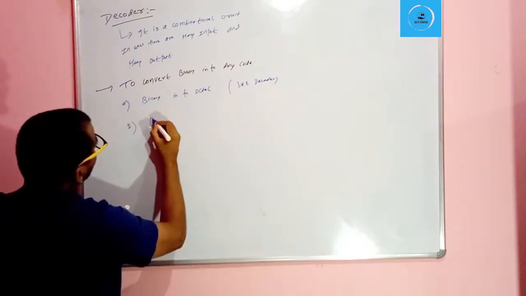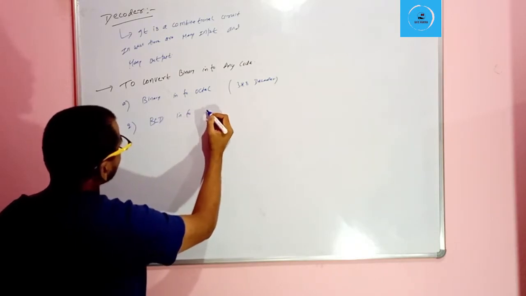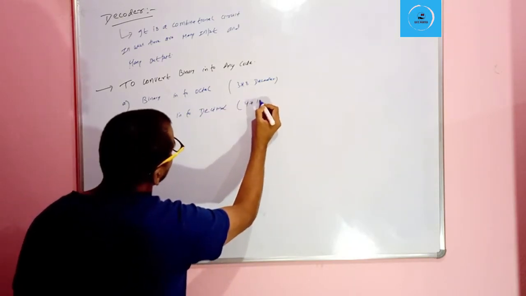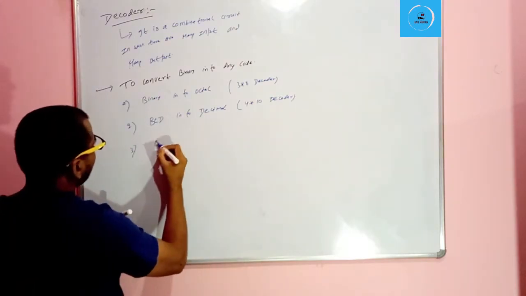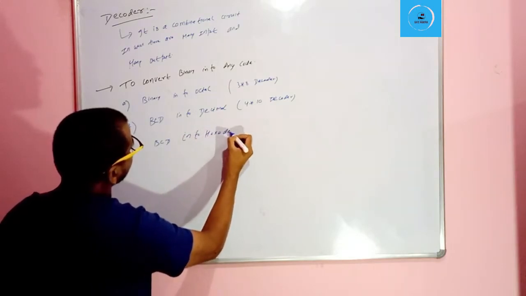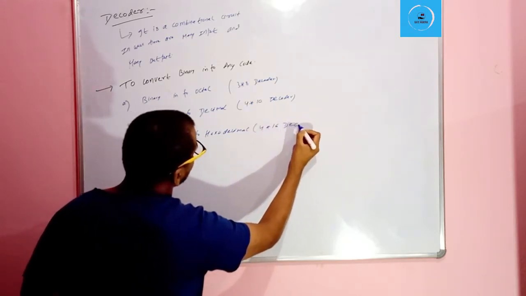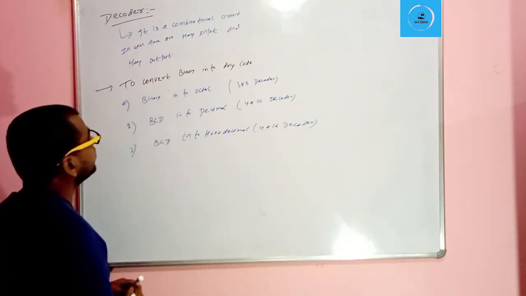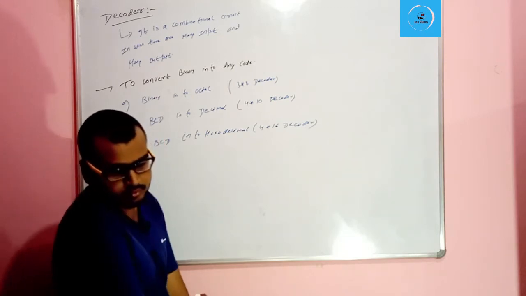For converting BCD into decimal, we use a 4:10 decoder, and to convert BCD into hexadecimal, we use a 4:16 decoder. So we have seen the definition of the decoder and also what the use of the decoder is.